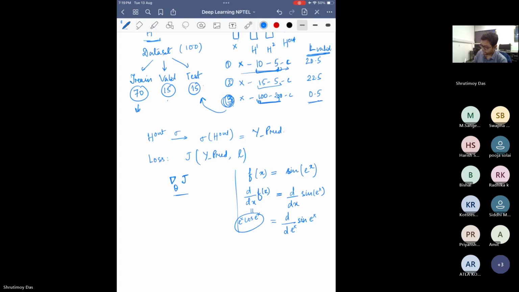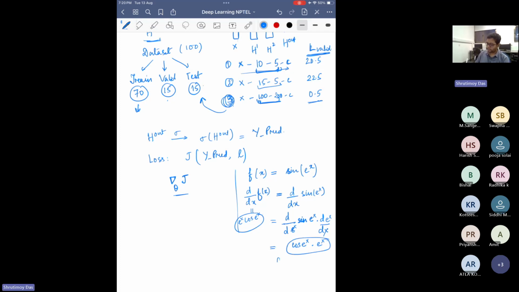So how did we get that? First, we differentiate sine of e to the power x at e to the power x, and then we differentiate e to the power x with respect to x. This gives us cos of e to the power x times e to the power x.